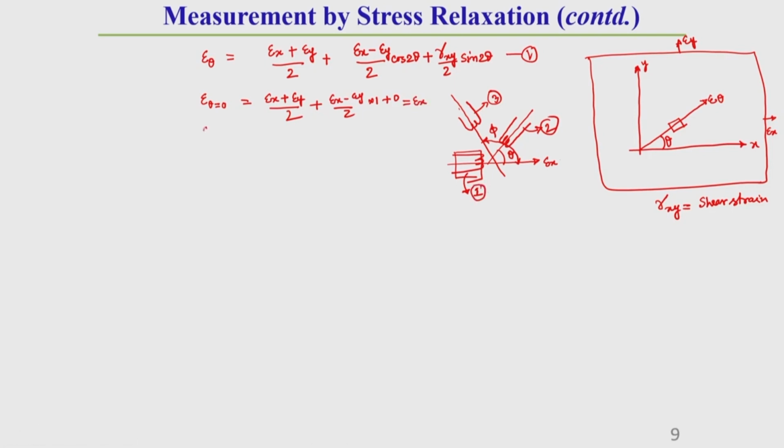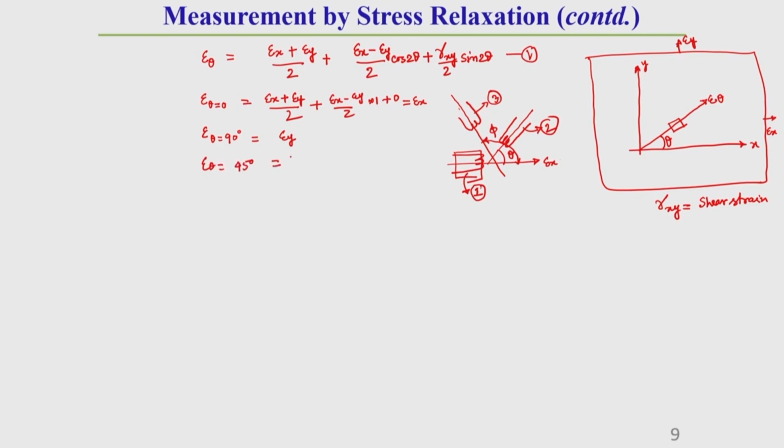Similarly, if we use another strain gauge with theta equal to 90 degrees, we will get epsilon y. Now let another angle be theta equal to 45 degrees. In this case we will get another relationship.